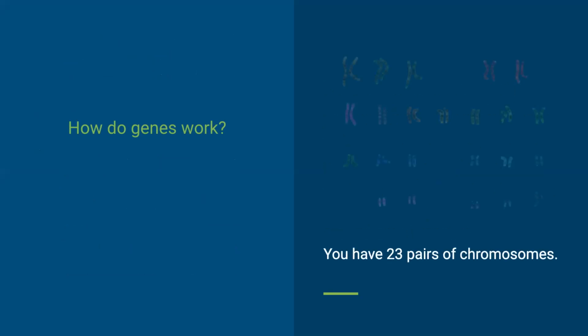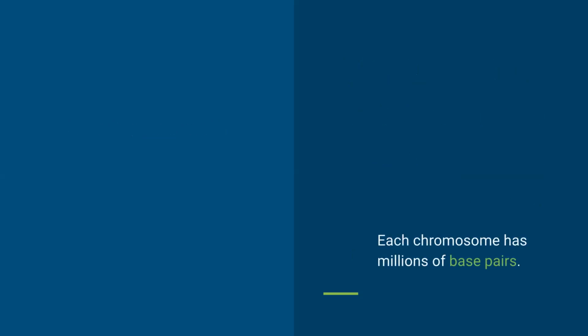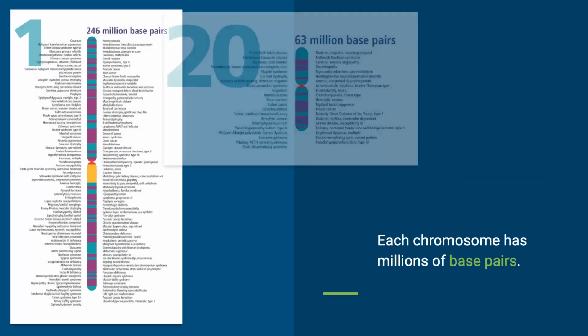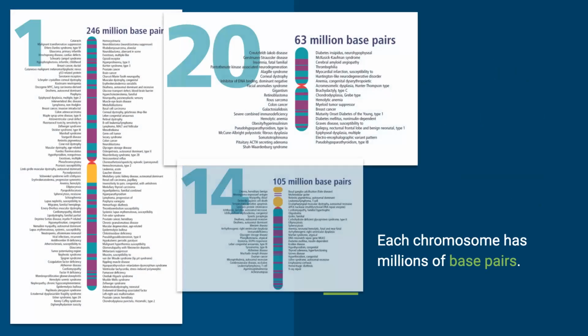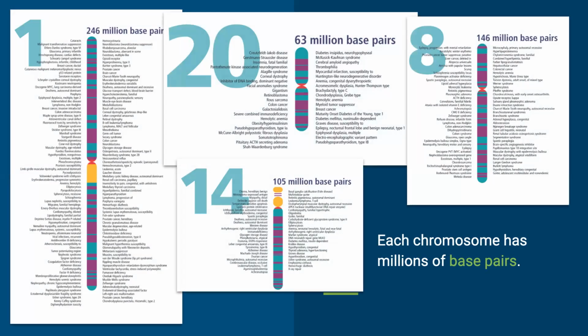So how do genes work, right? You have 23 pairs of chromosomes. You inherited one complete set from your mother and one complete set from your father, assuming nothing went wrong in that process. Each chromosome has millions of base pairs. You can see chromosome 1 has 246 million base pairs.